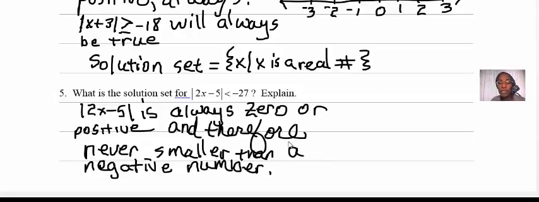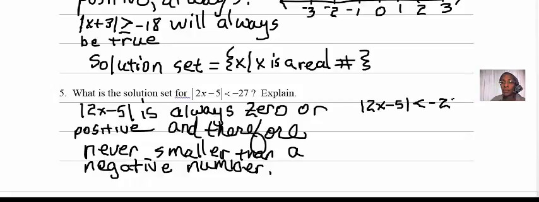Another way to think about it is there's never an x value that will ever make this true. So the absolute value of 2x minus 5 less than negative 27 will always be false.